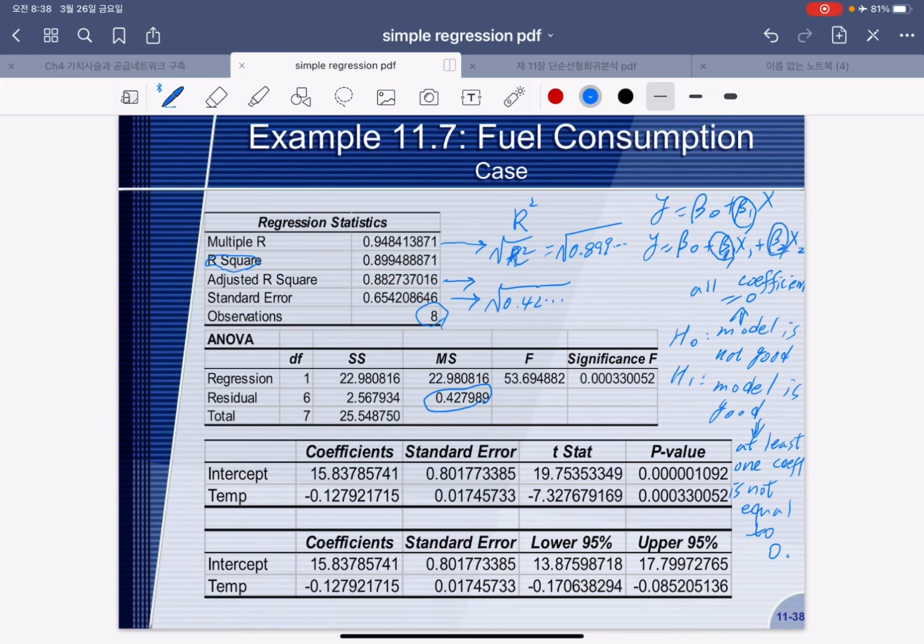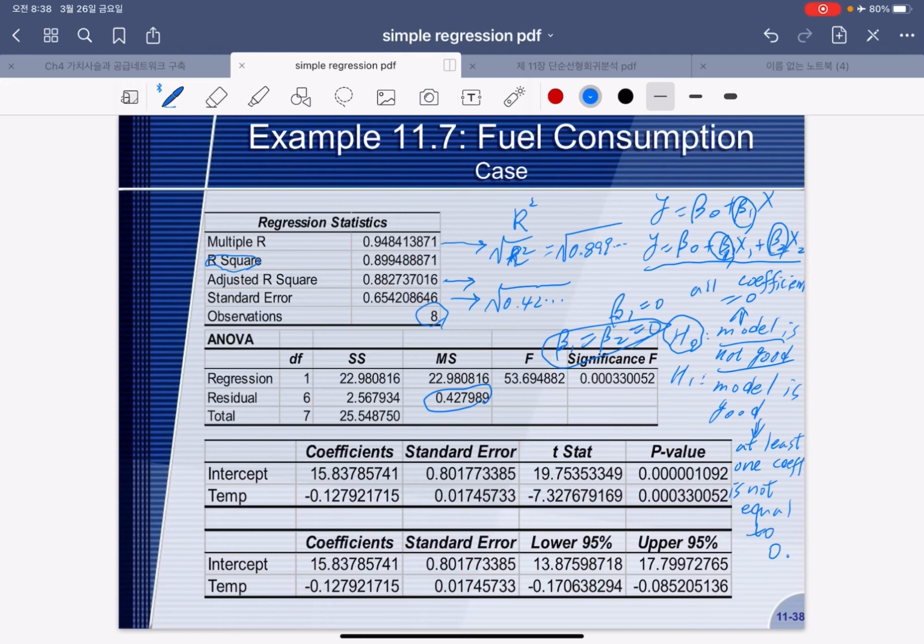So for the simple regression, the null hypothesis is just simply beta 1 is equal to 0 because we have only one coefficient. Now, if you have two independent variables, the null hypothesis is beta 1 is equal to beta 2 is equal to 0. So you write it like this, or model is not good.